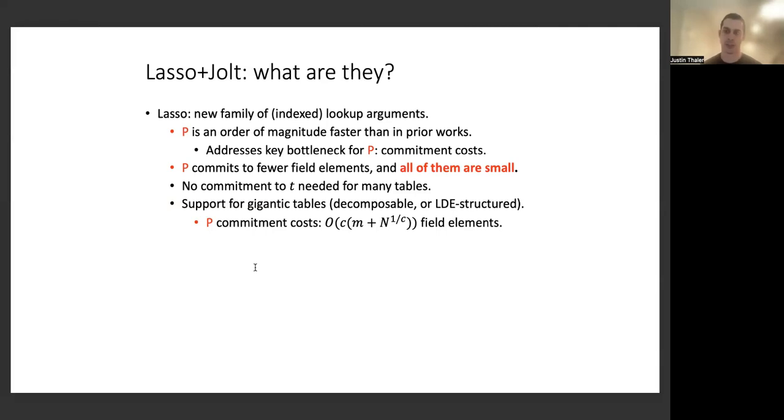There's a cost that depends only on the size of the table, but not on the number of lookups, and a cost that depends only on the number of lookups and not on the size of the table. And the bigger c is, the smaller you make the table-only cost, but the bigger you make the per-lookup cost. And so for table size 2 to the 128, maybe you want to set c to be like 6 or something, and you'll equalize these two costs. And if you're doing, say, a few million lookups into a table of this size.